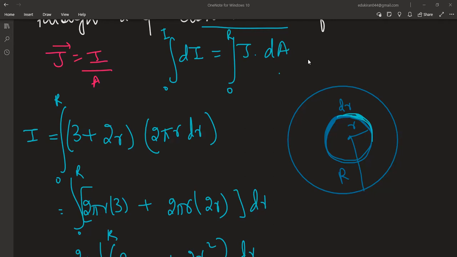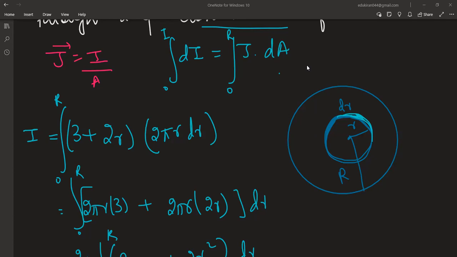Ma'am, in the second step, we have taken A as 2 pi r. We should take pi r square. 2 pi r into dr. We are not taking the volume. If we consider the volume, then we take the entire area multiplied by thickness, then we would have taken pi r square dr. We are considering area. So how do you write area?